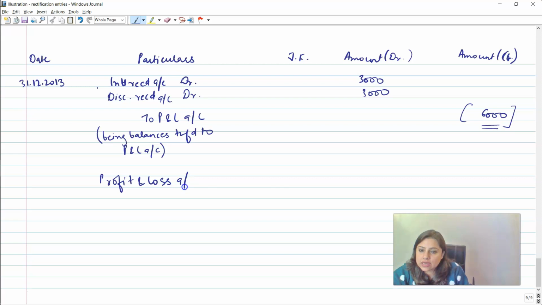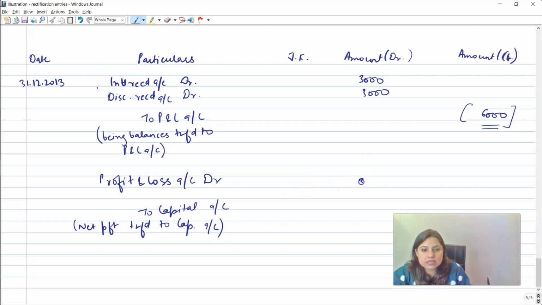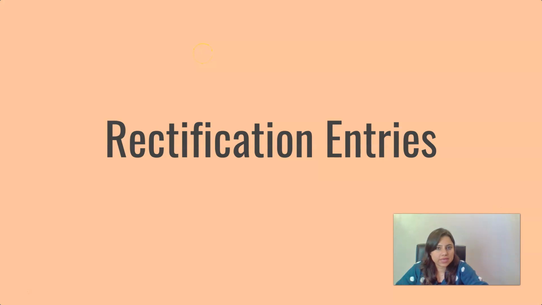So profit and loss account debit to capital account. Capital account. And what is the amount? It is 35,000. So the credit also being 35,000. So we looked at the opening and closing entries.